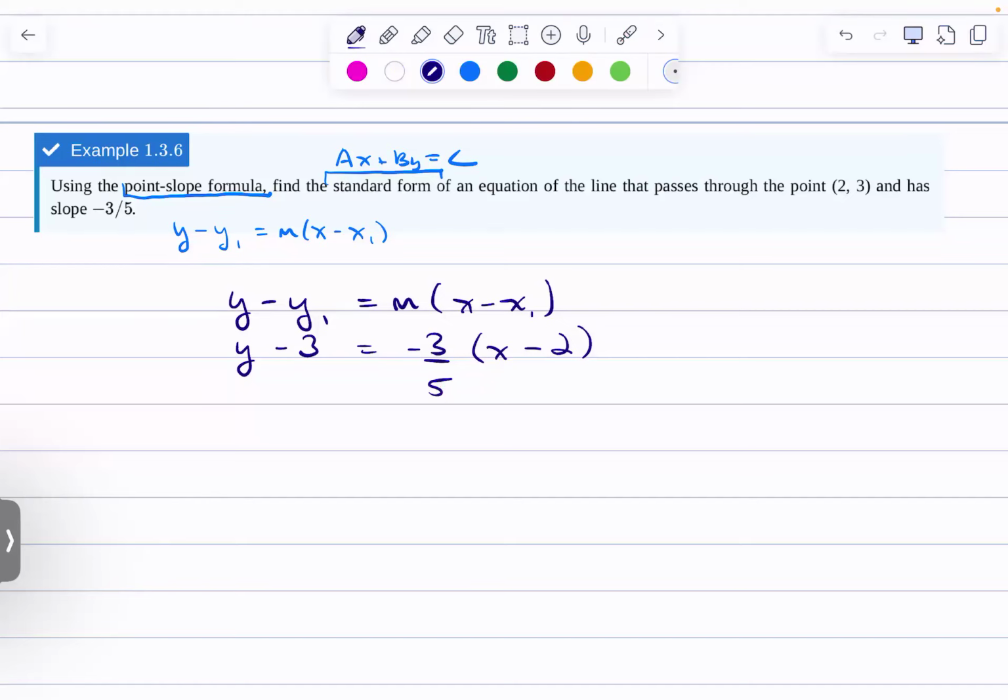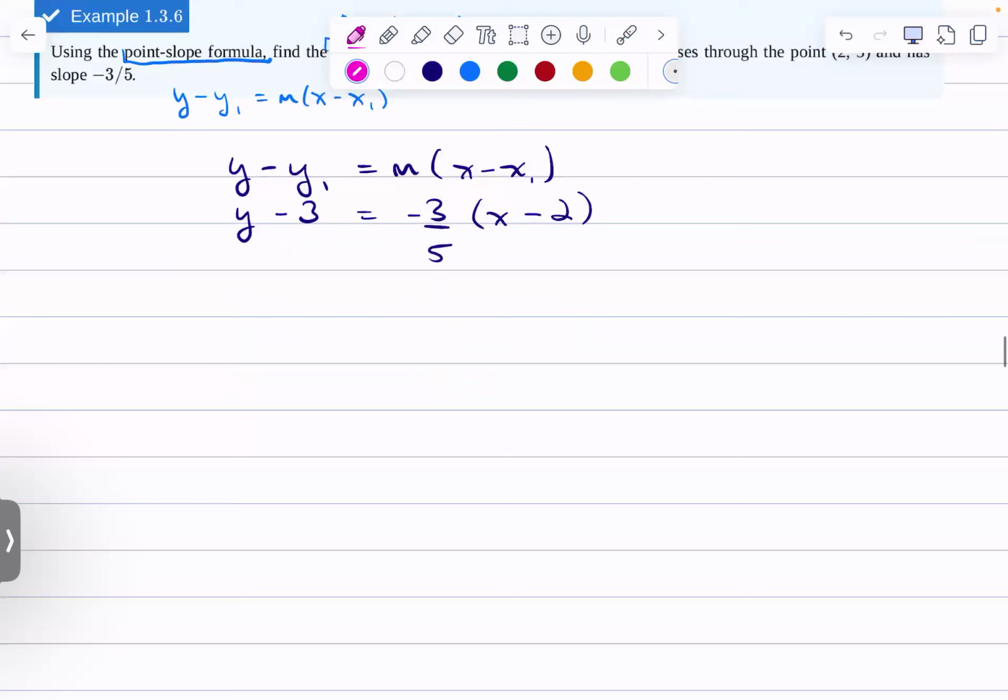And so here's the trick. If you're comfortable working with fractions, that's cool, you can get to the same answer. But I want to show you this trick so that you don't have to work with too many fractions.